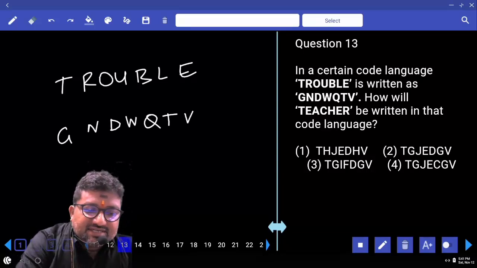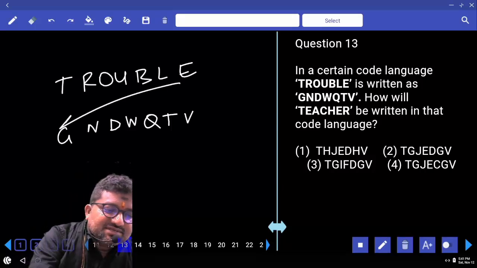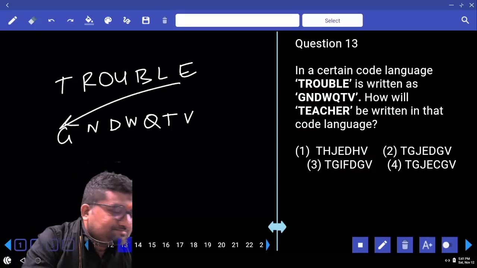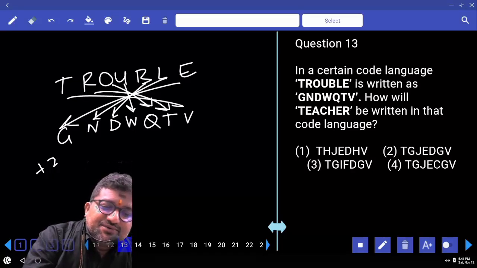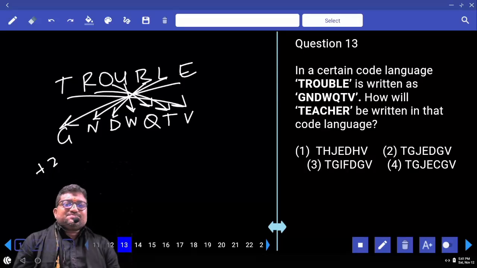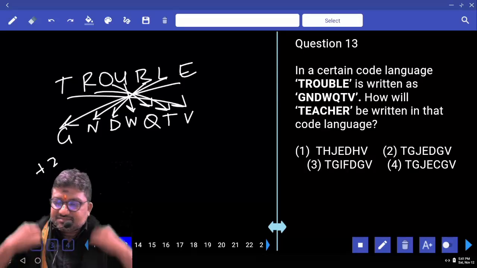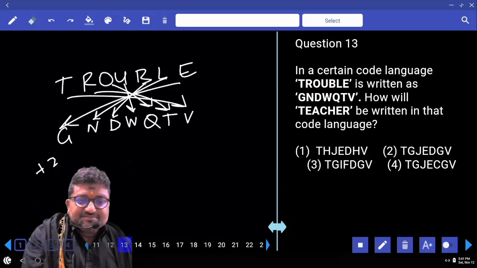Now when I don't get the answer with straightforward, I'll go in reverse. E F G plus 2. L M N. B C D. U V W. O P Q. R S T. T U V. Reverse plus 2. What's the answer? Reverse plus 2. Shall I go for TEACHER?